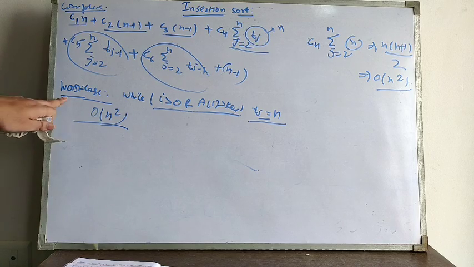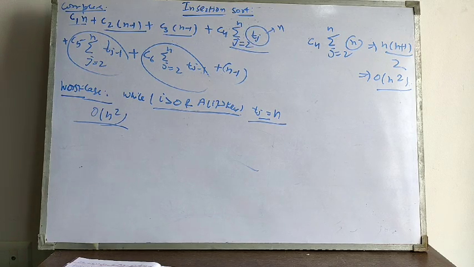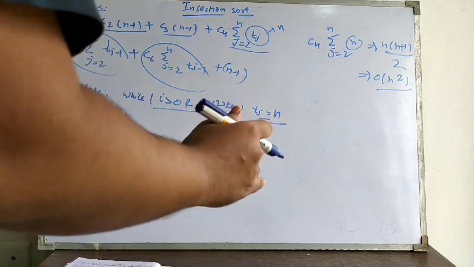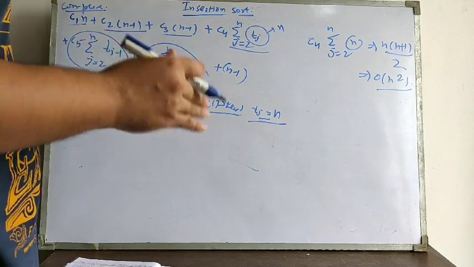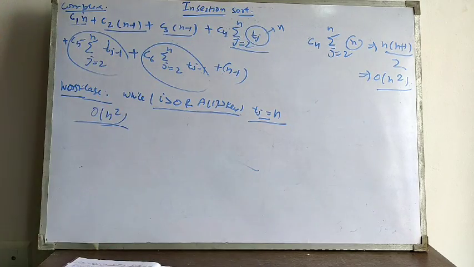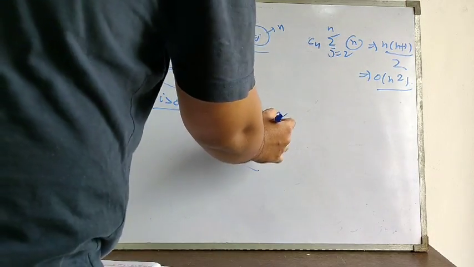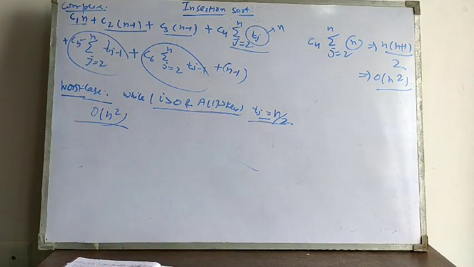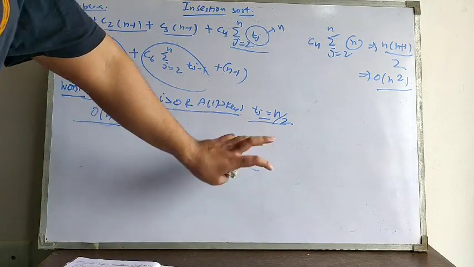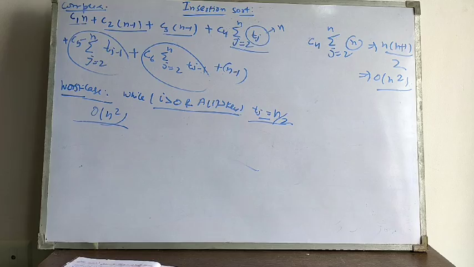Similarly, for the average time complexity, half the terms from your key are less than the key and half the terms are greater than the key. So it means this loop will execute at most n by 2 times.